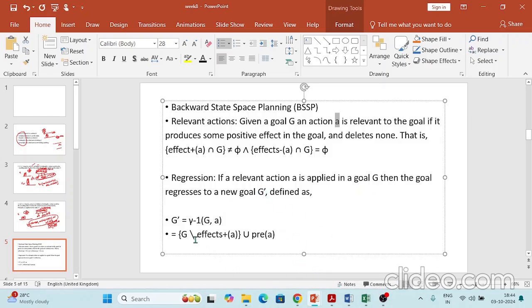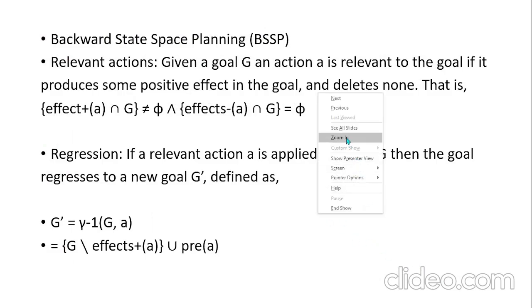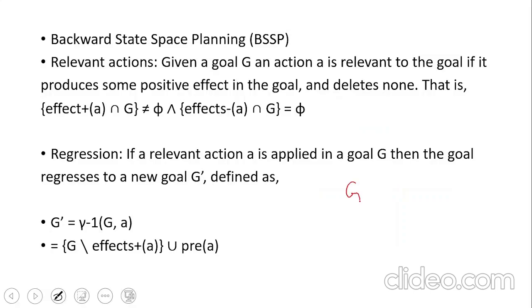It is defined as G, delete the positive effects of A, union the preconditions of A, meaning add the preconditions of A. Assume that we have a goal G. Normally in the backward direction we are coming from G to G dash.